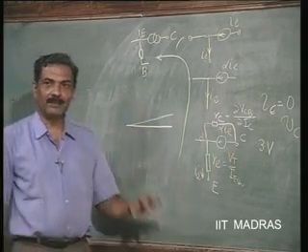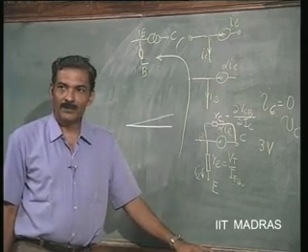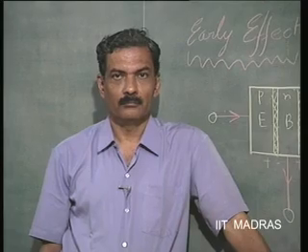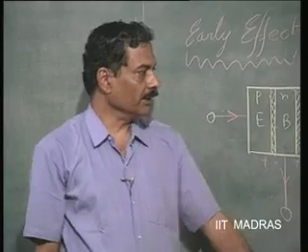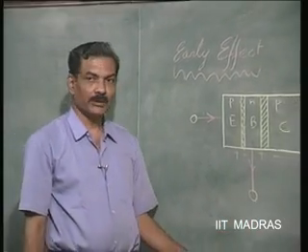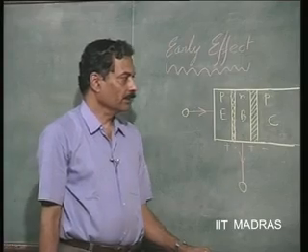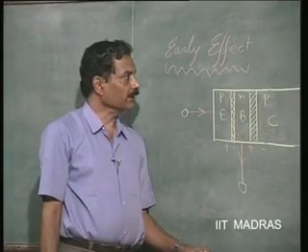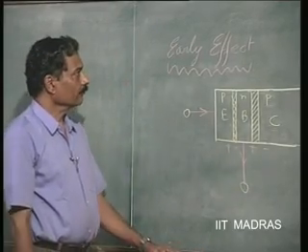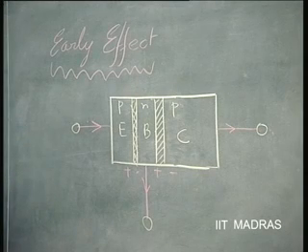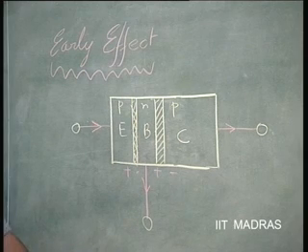This is typically of the order of tens of mega ohms. Let us try to learn more about this output resistance for this bipolar junction transistor. This effect that we are going to discuss is called Early's effect. What is it?